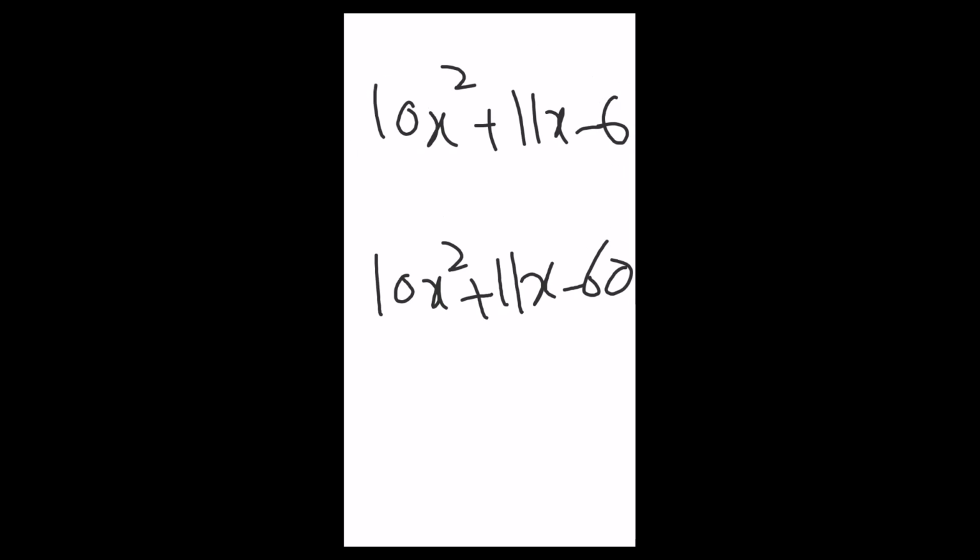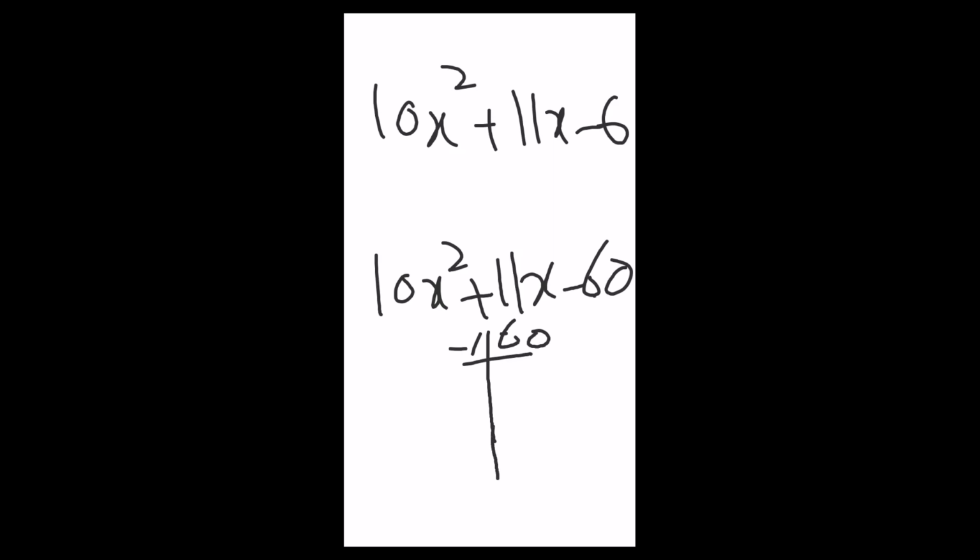So 60, obviously, the first step is making the multiples of 60. So you just make the multiples of 60. Okay, so we have 1 and 60. That's minus, so I'm writing minus 60.